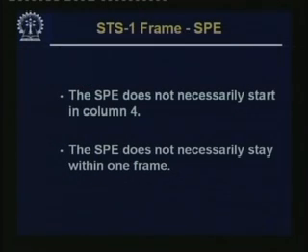Now, the SPE does not necessarily start in column 4, which means that the SPE does not necessarily stay within one frame. These are two very important points in SONET.